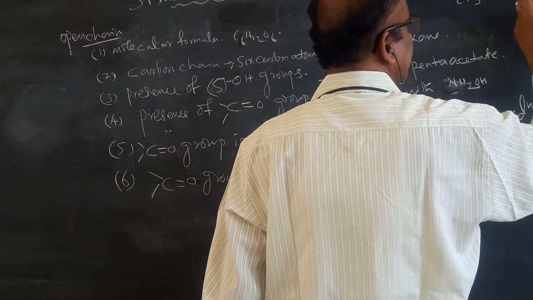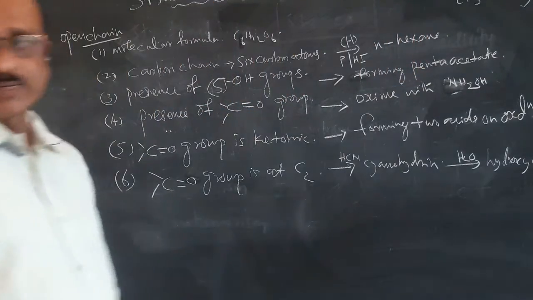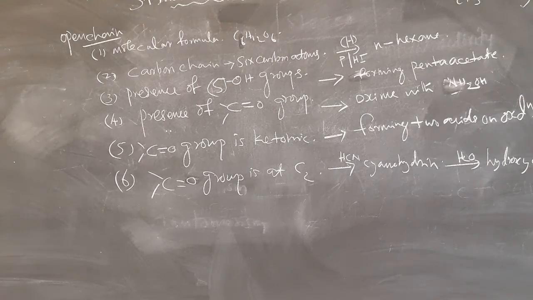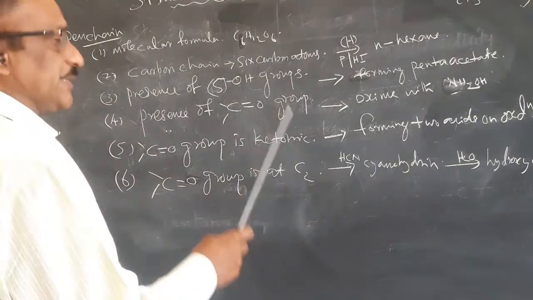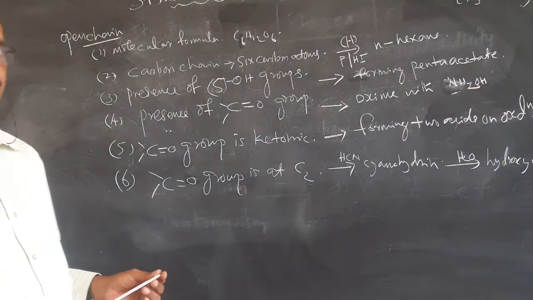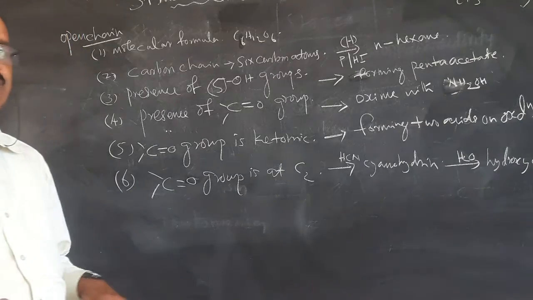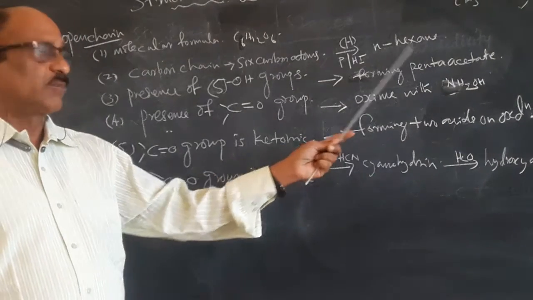So you can see this is a straight chain compound. You get a straight chain compound on reduction of the fructose molecule, just like in the case of the glucose molecule, where you also get normal hexane.